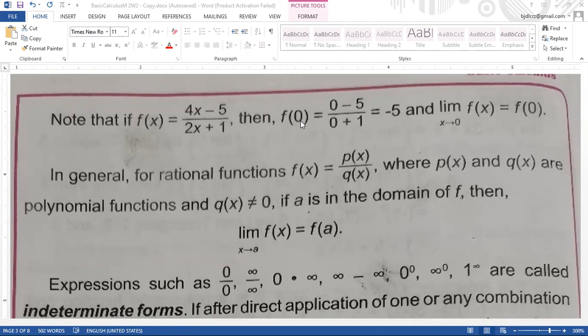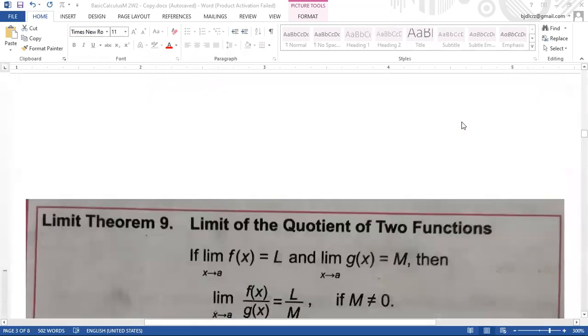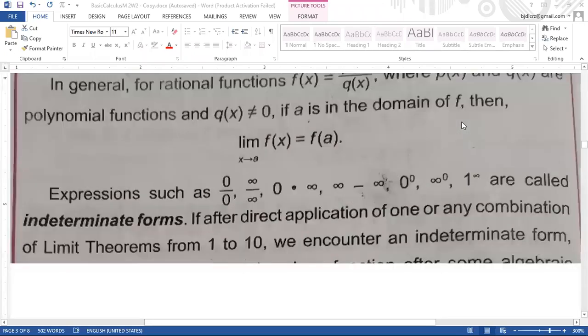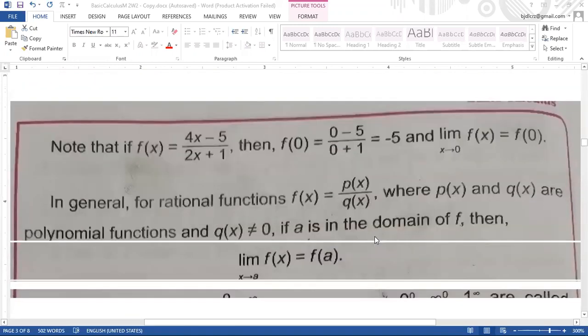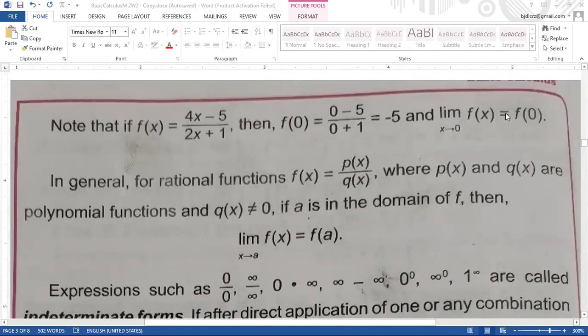Substitute diretso ang value nga 0 sa ato ang equation. So that's why negative 5 over 1 is equal to negative 5 also. So kaning limit of f of x as x approaches to 0, daanin ni siya nga solution sa taas. The limit of the function, negative 5. Since equal man sila, so the limit of f of x as x approaches to 0 is equal to f of 0.